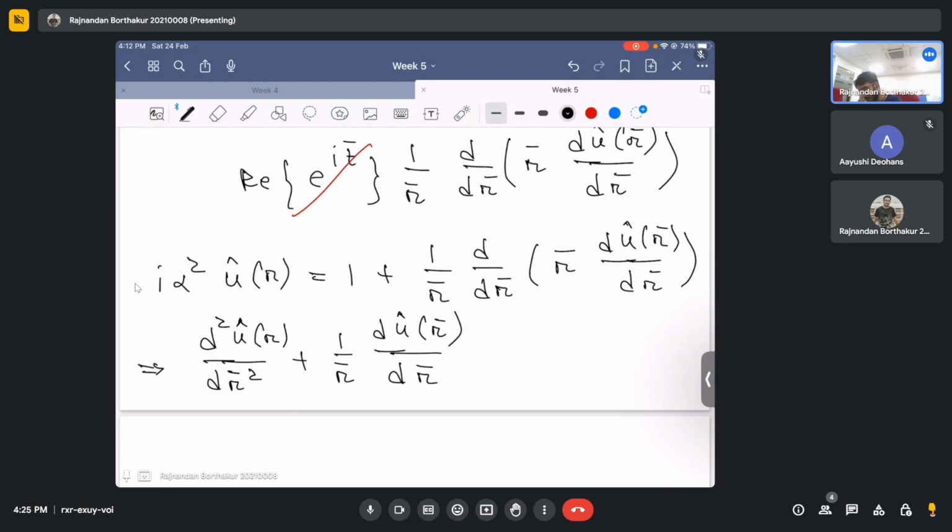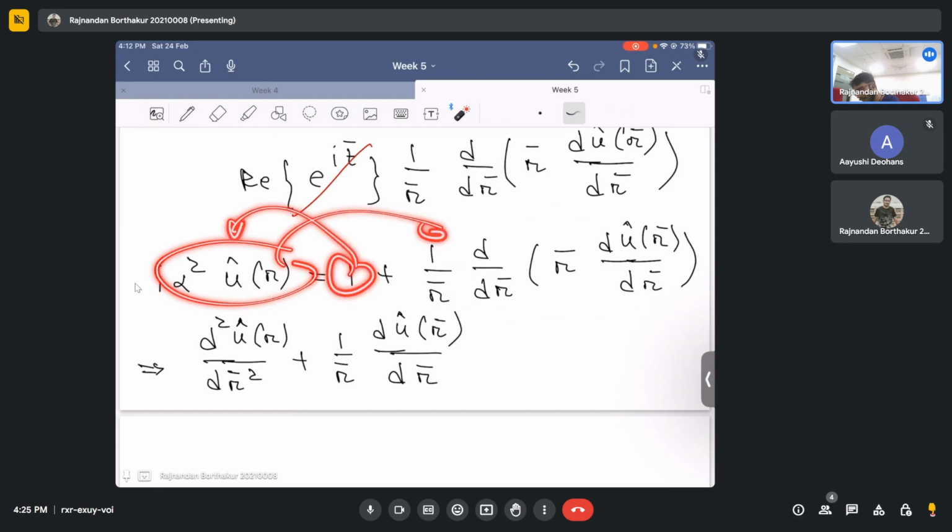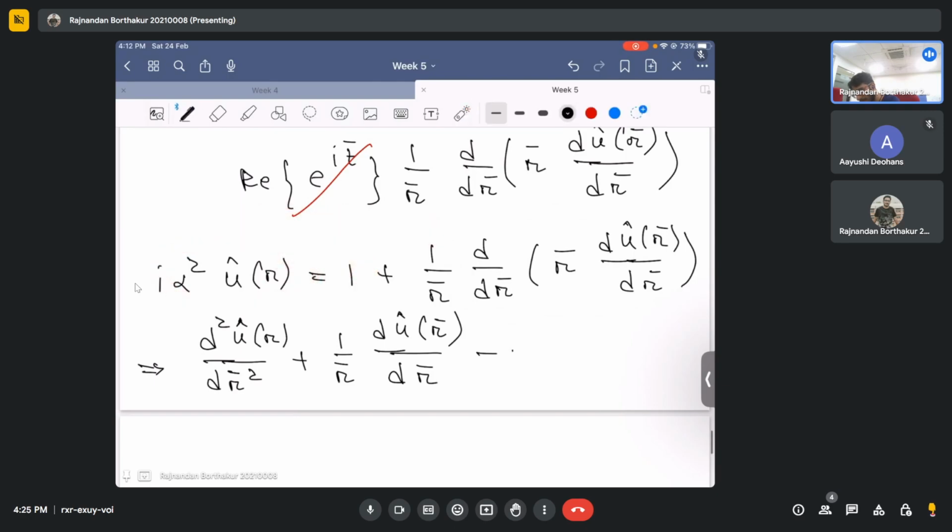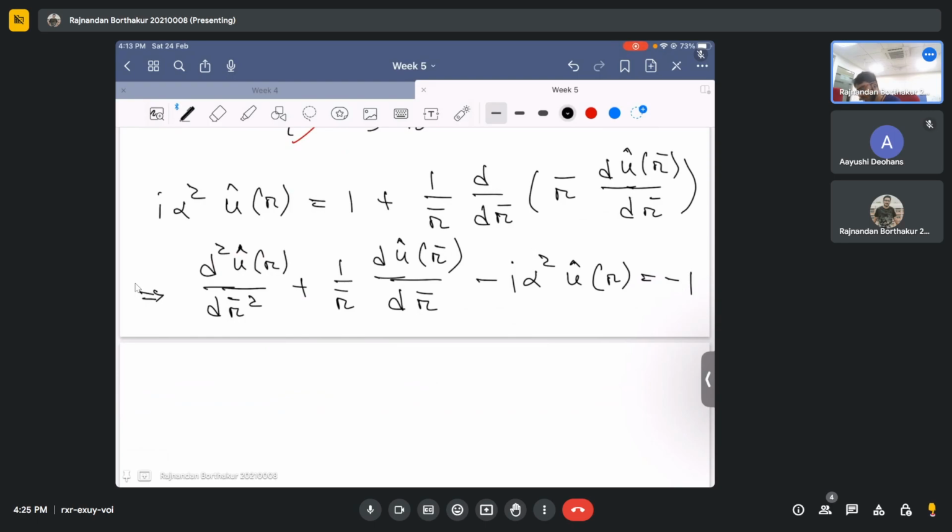These are the two terms. Now I bring this term here and take the constant term the other way. So this becomes minus i alpha squared u hat of r, and this becomes minus 1.